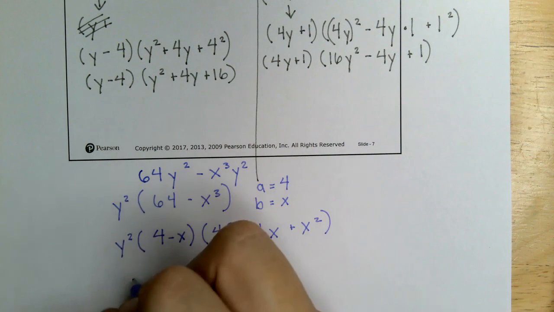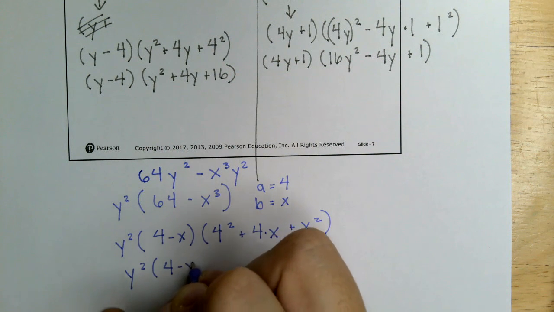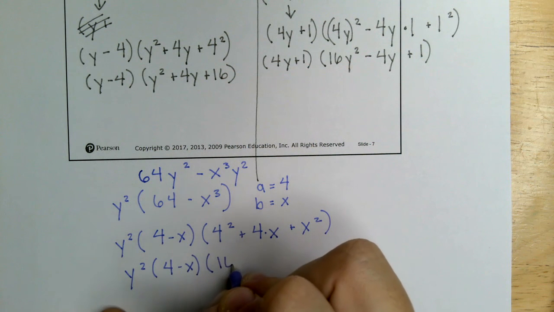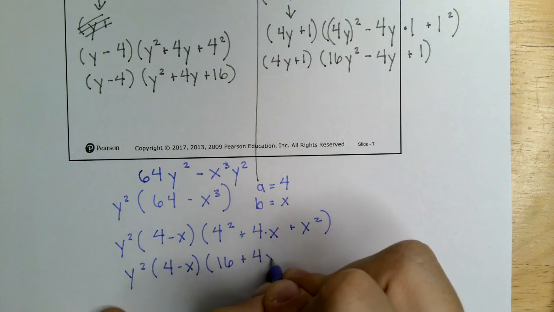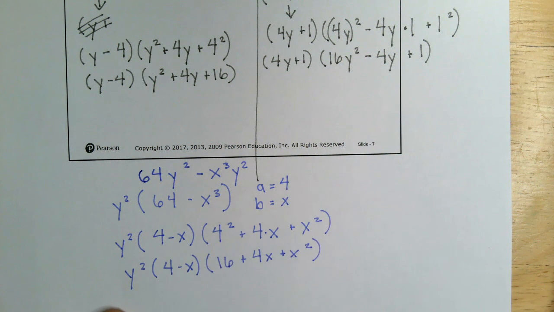Just rewrite it one time. So that becomes y squared times 4 minus x times 16 plus 4x plus x squared. All right, so those are just faster ways to factor polynomials once you can identify cubes and squares.